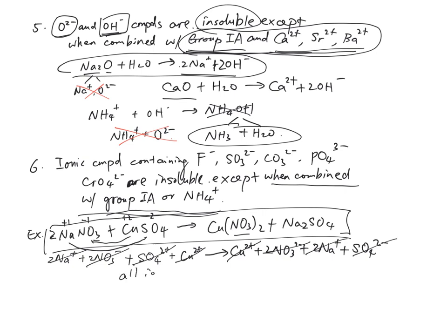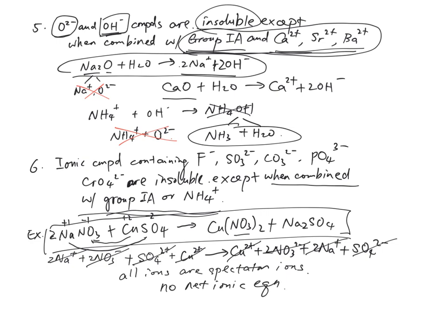All ions, in this case, are spectator ions. What does that mean? If all ions are canceled as spectator ions, do you have a net ionic equation? Of course not. No net ionic equation.